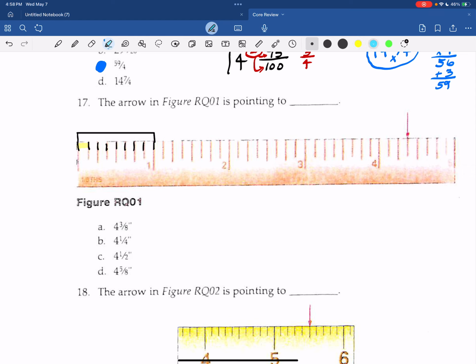So there's 1, 2, 3, 4, 5, 6, 7, 8. So this ruler is not in tenths, it's in eighths. And it tells you right there if you can see it. This is a standard ruler. This is inches, I'm guessing. It is marked in eighths.